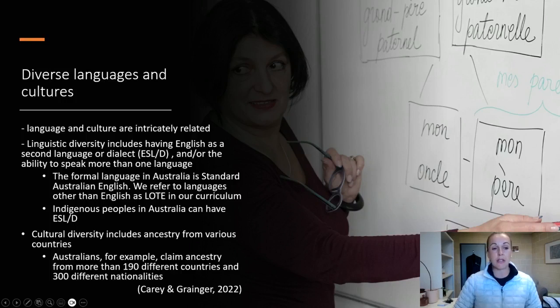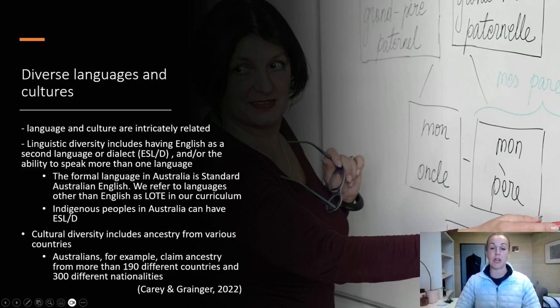As I've said a few times, my first point here is that language and culture are intricately related, and linguistic diversity can mean having English as a second language or dialect, or the ability to speak more than one language. The formal language we have here in Australia, which you'll hear more about in the second part, is Standard Australian English, and we refer to languages other than English as LOTE in our high school curriculum.